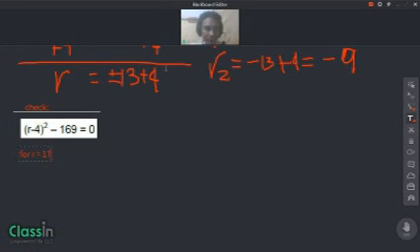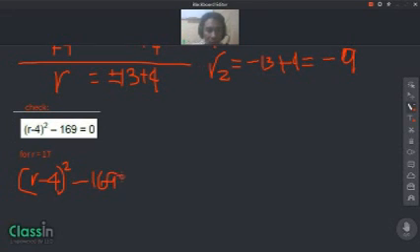We will substitute: r minus 4 squared minus 169 equals 0.